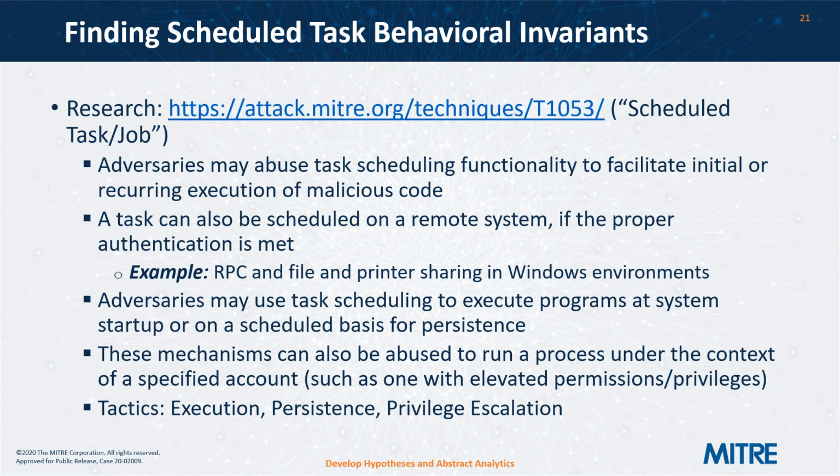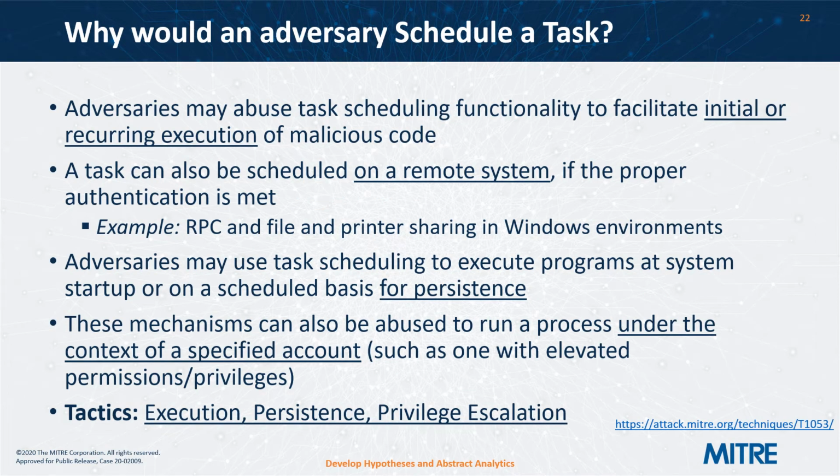From the ATT&CK technique page, we see that there are 3 tactics which can be achieved with the help of task scheduling: execution, persistence, and privilege escalation. We immediately gain some insight based on that tactic information into the why for this technique.